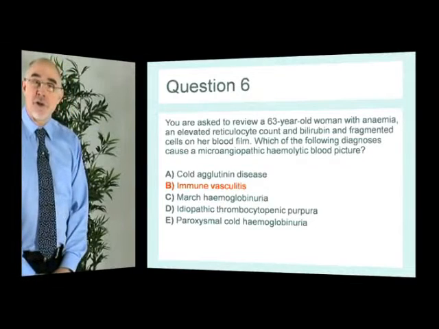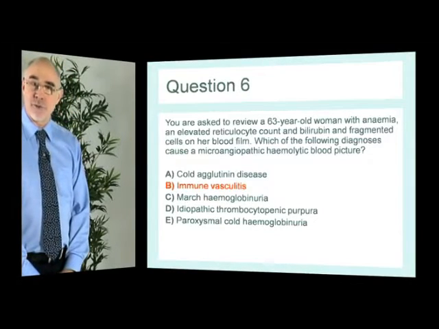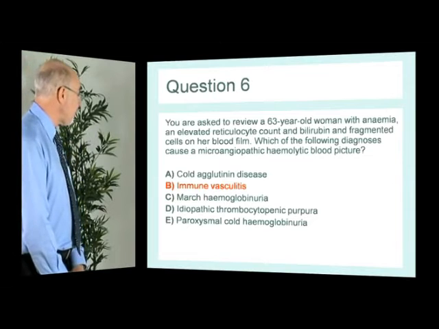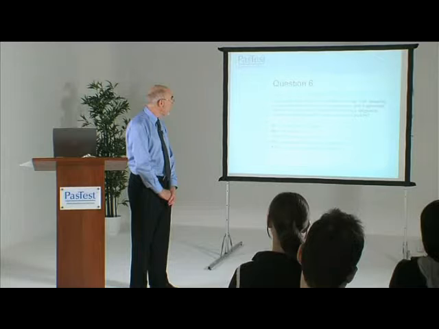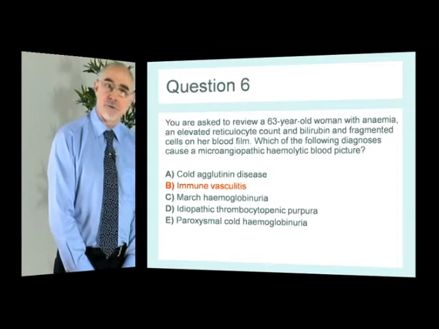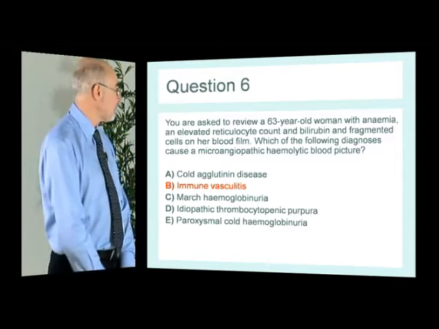Most often, the laboratory will alert you to cold agglutinins when they make a blood film and see clumps of red cells agglutinated by an IgM cold-acting antibody, usually directed against a core antigen on everybody's red cells, the I antigen. Fragmented red cells are not a usual feature of cold agglutinins.